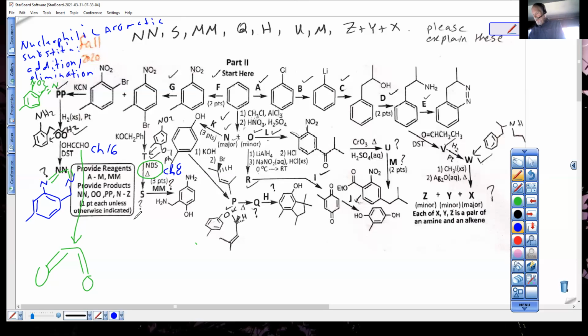And let's draw that. This is S down here. It's got an NO2 on top. It's got double bonds. It's got the benzylic carbon there. It's got an ether here. And the new group is a bromine from NBS.